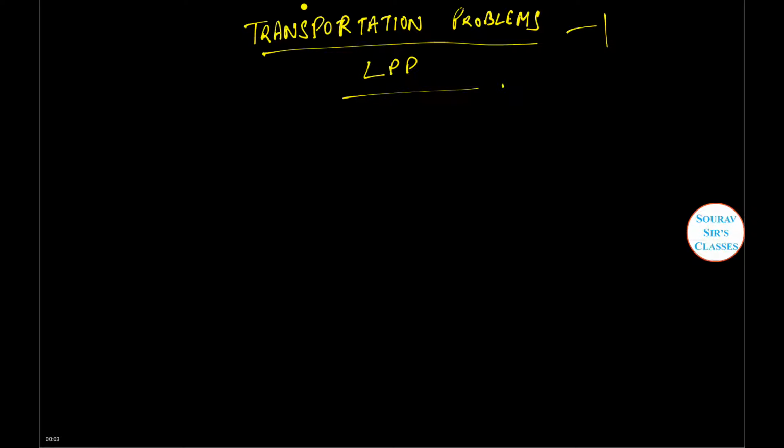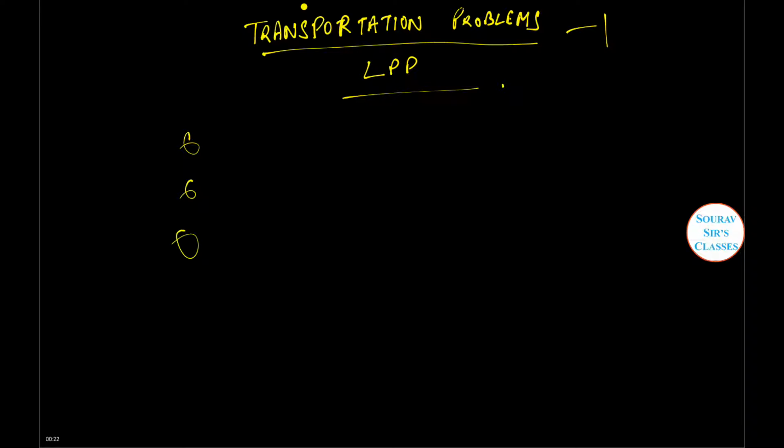Hello everyone, today we'll do transportation problems in LPP. The transportation problem is one of the subclasses of LPP in which the objective is to transport various quantities of a single homogeneous commodity that are initially stored at various origins to the destinations.